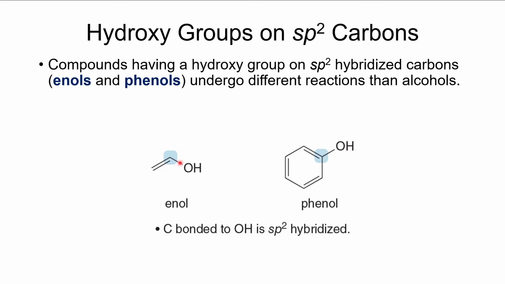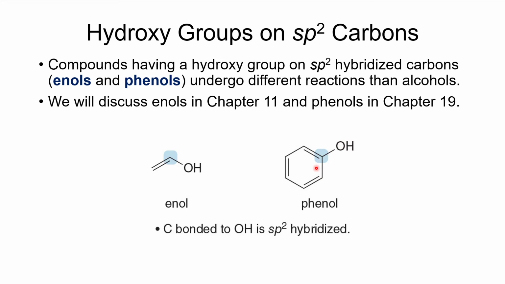So an enol is where the OH is directly bonded to the carbon that is part of a double bond, and a phenol is where we have an OH that is on an aryl. We're going to talk about enols in Chapter 11. That's coming up relatively soon. And we'll discuss phenols in Chapter 19. That is in the second semester.